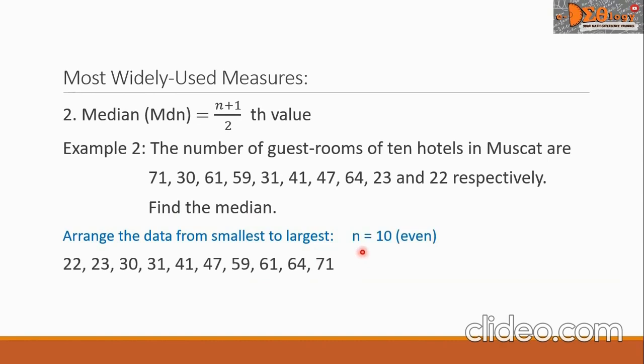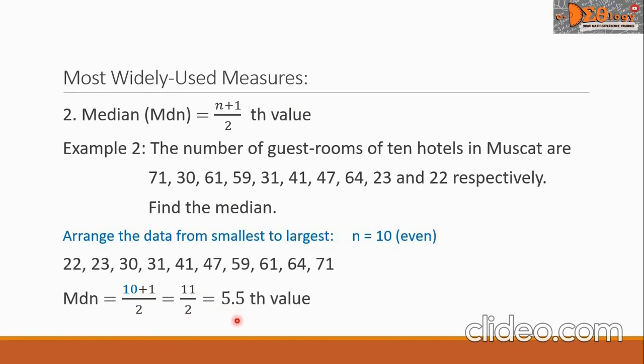Take note that our n equals 10, and this is an even number. Using our formula now, we will write median equals 10 plus 1 over 2. And 10 plus 1 is 11 divided by 2, and this is equal to 5.5.